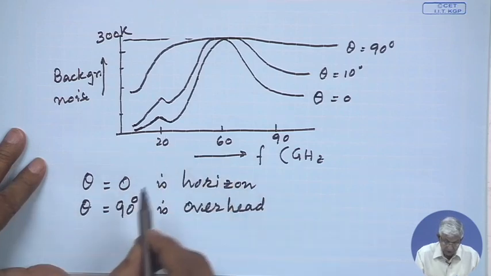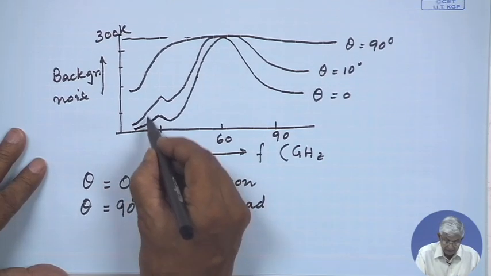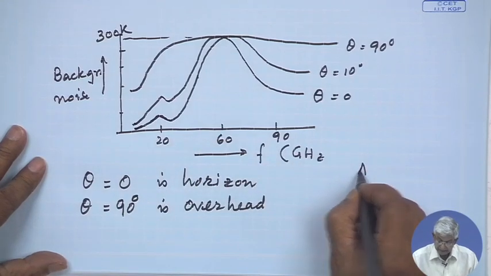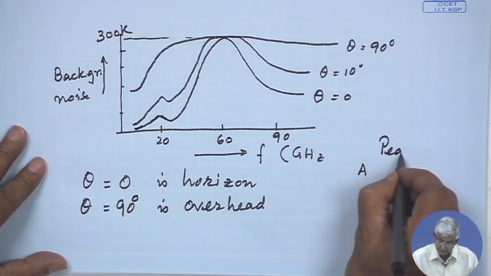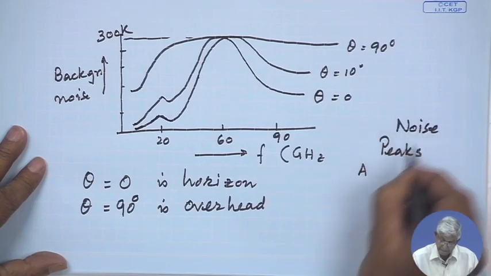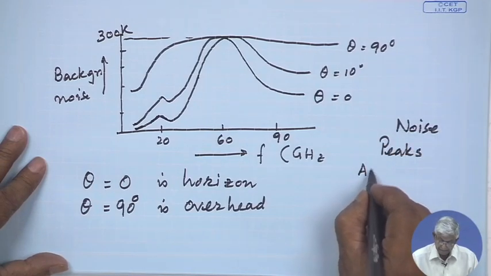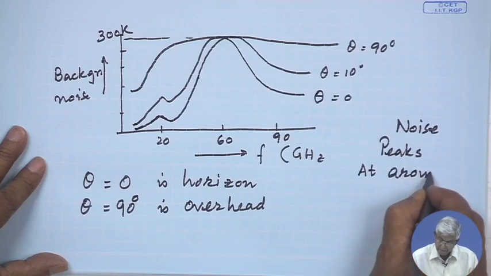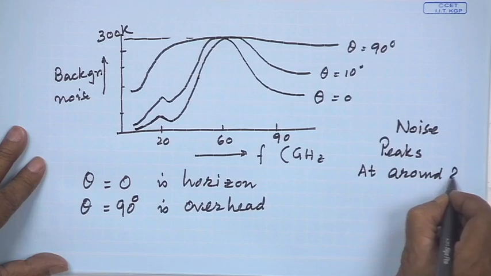Now, there are also other things, like we are seeing two peaks here. One noise peak is at around 20 gigahertz.